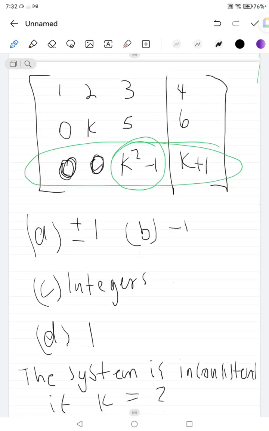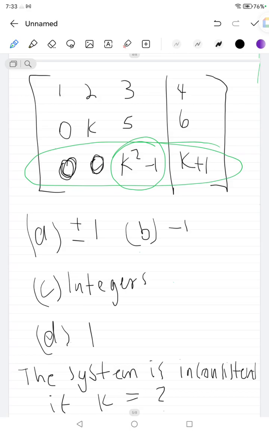So the first one, if we have k as... let me just check. Okay, if we have k as 1, here we're going to have 1 squared minus 1. No, we're supposed to be checking the other side.